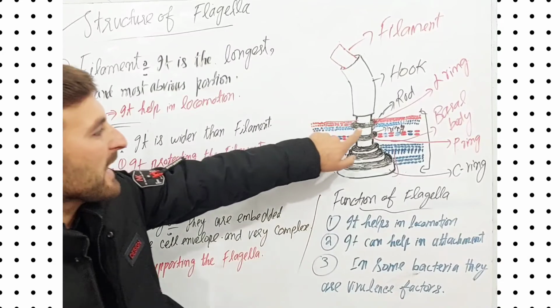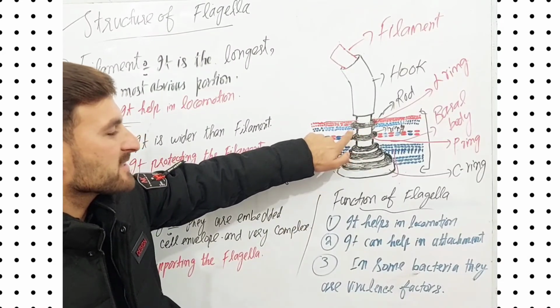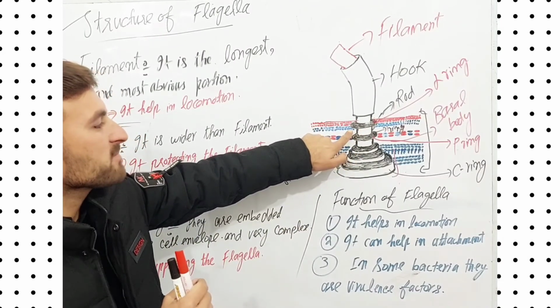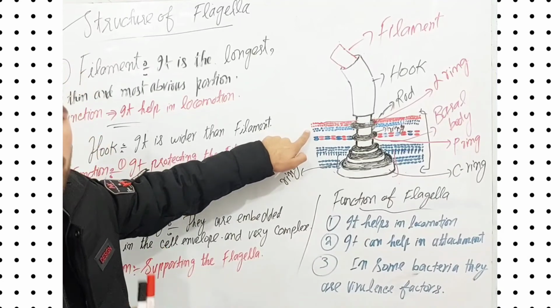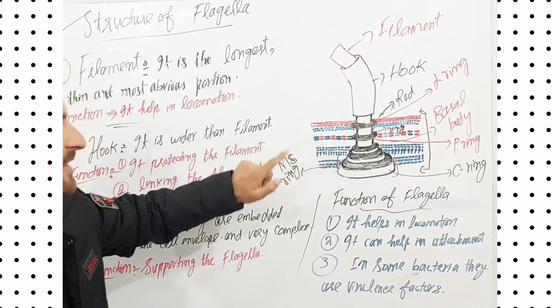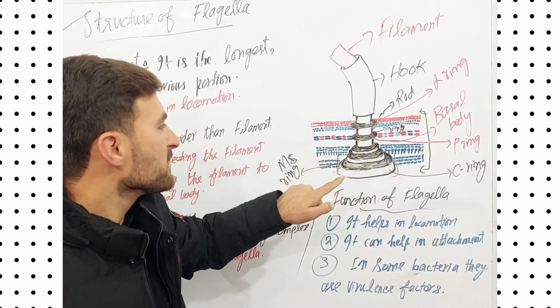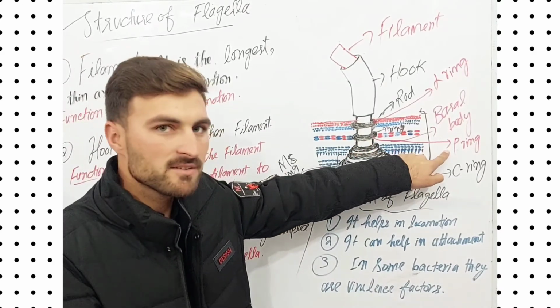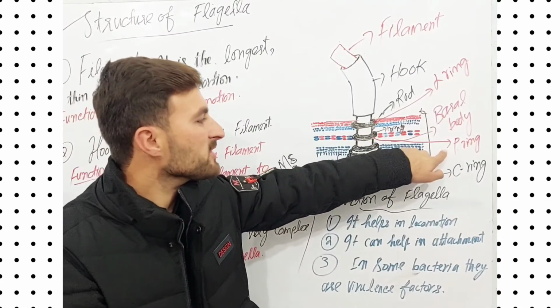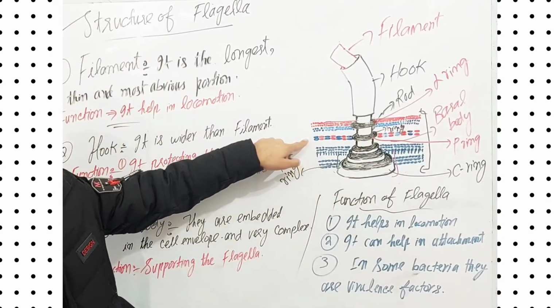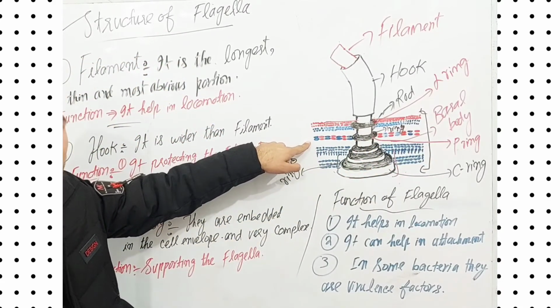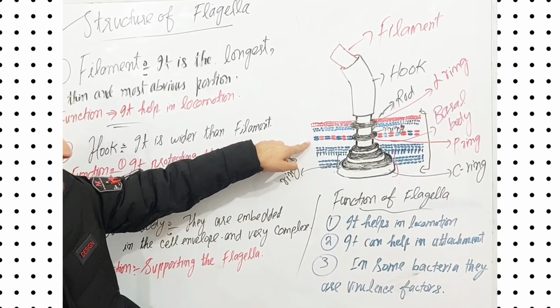The L ring is embedded in the outer membrane of gram-negative bacteria. The P ring is embedded in the peptidoglycan layer, or we can say it is in the cell wall.